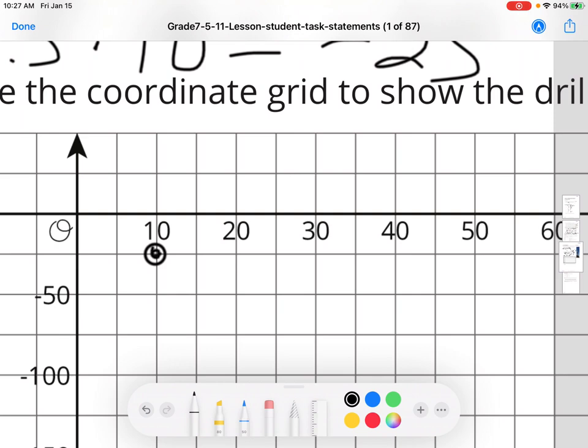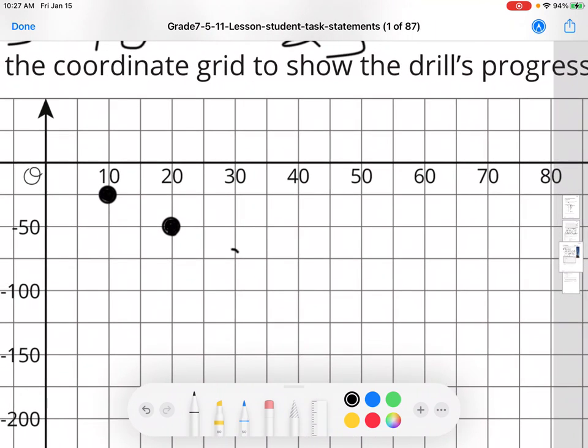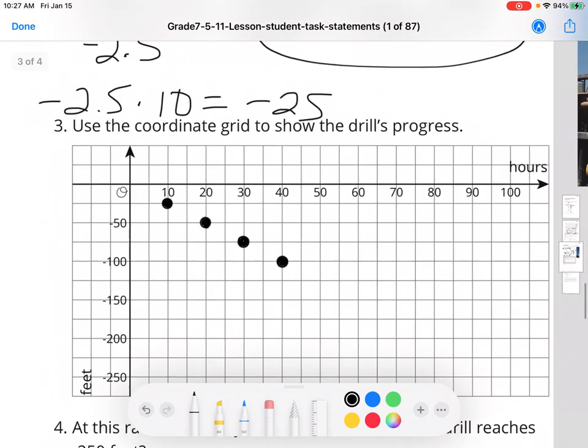So I would plot that point at negative 25. So 20 hours would put me at negative 50 feet. 30, I'd be at negative 75. 40 would be negative 100. And so on and so forth.